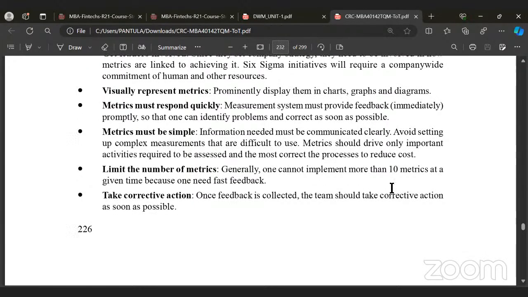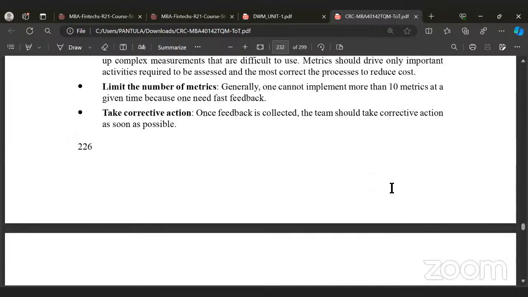Metrics must respond quickly, so the measurement system must provide feedback immediately, promptly, so that problems can be identified and corrected soon. Metrics must be simple, and the number of metrics limited. Then take corrective action and collect feedback from this action.